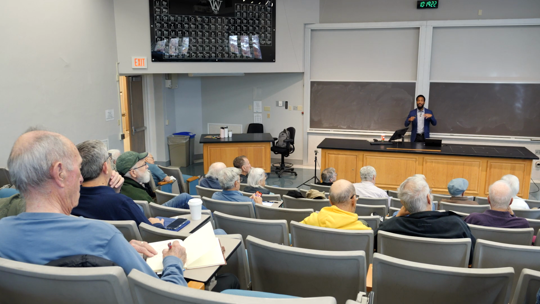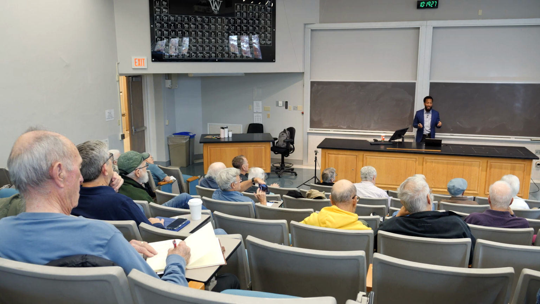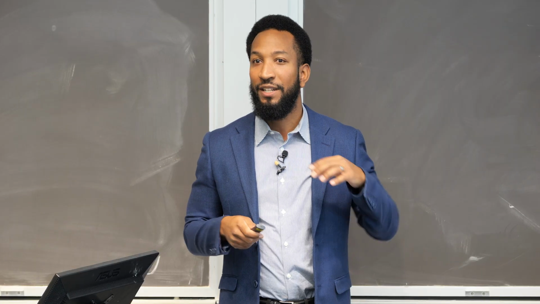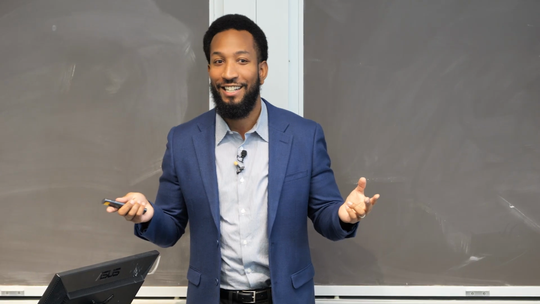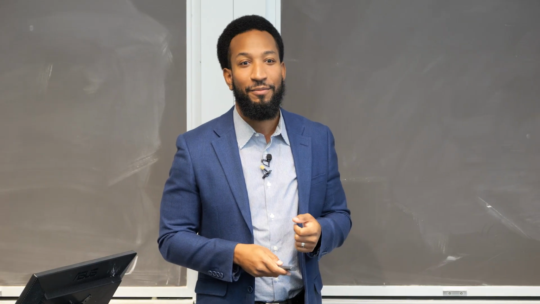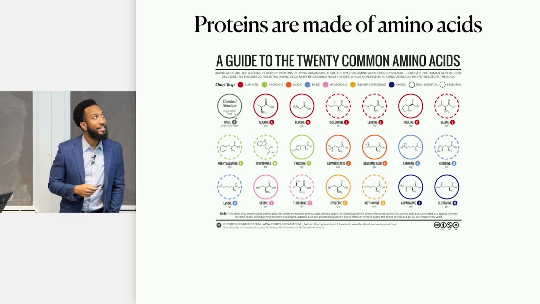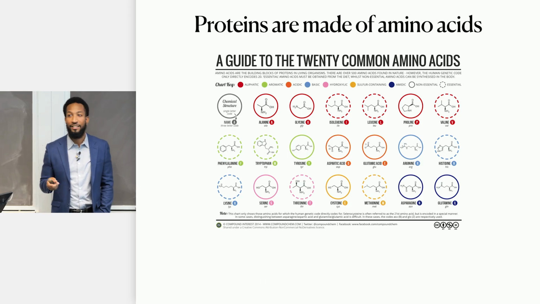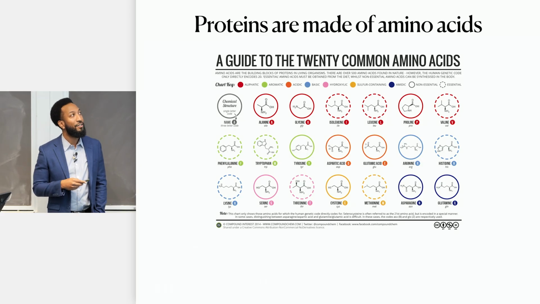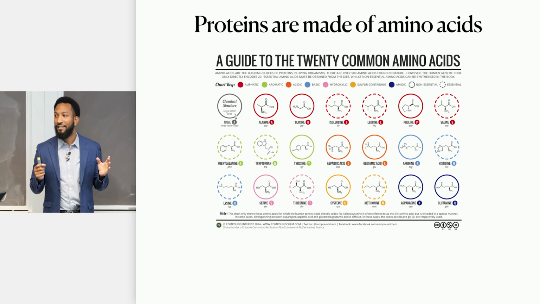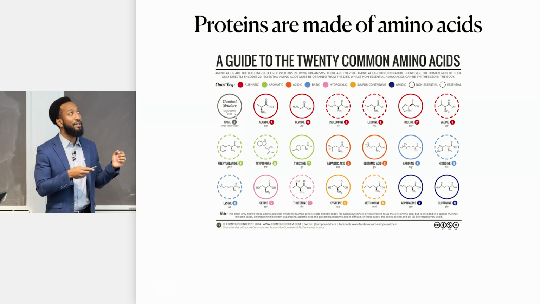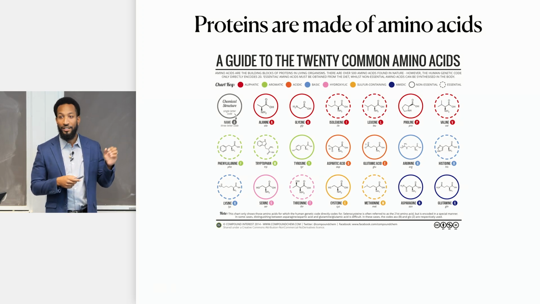So now, what does this mean for proteins? The idea is that proteins can be thought of as polymers. But first, let's do a quick recap of what proteins are composed of. You don't have to be able to see these, but proteins are made of amino acids, and these are listing all 21 amino acids that compose proteins, meaning every protein that you see will be some combination of these 21 amino acids.